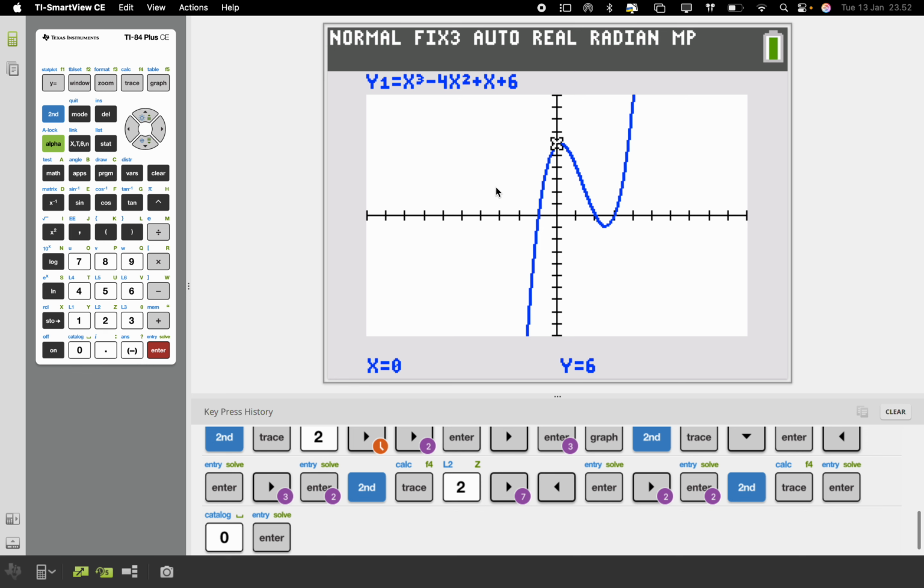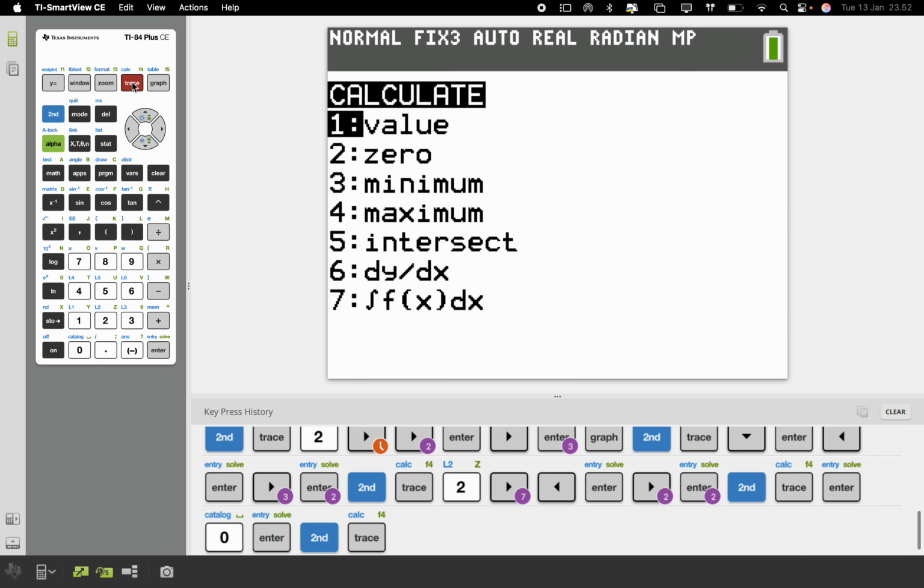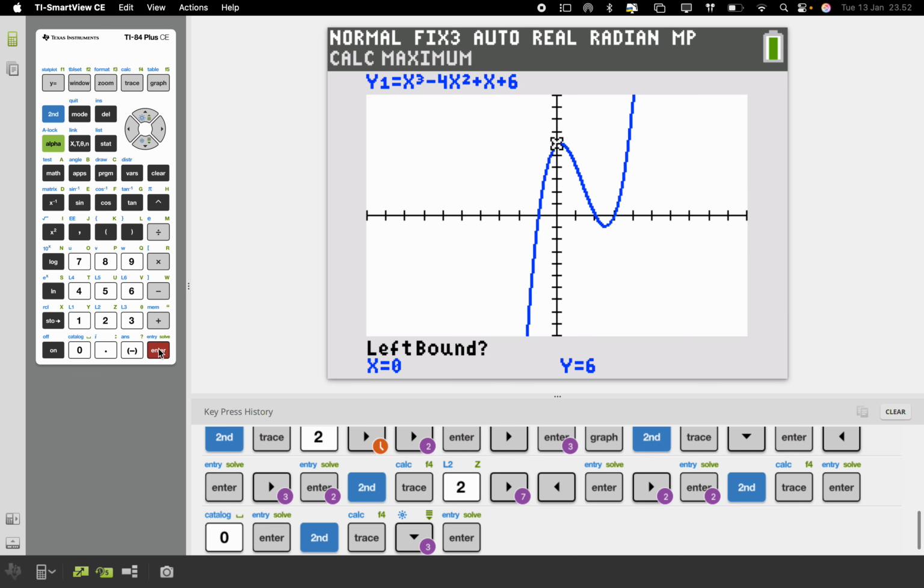Now similarly we can find the maximum and minimum. Second, trace, you can see there are options for maximum and minimum. Number 4 is the option for maximum, enter. Now take your cursor, move it left and right and see where you're getting the maximum value of y.